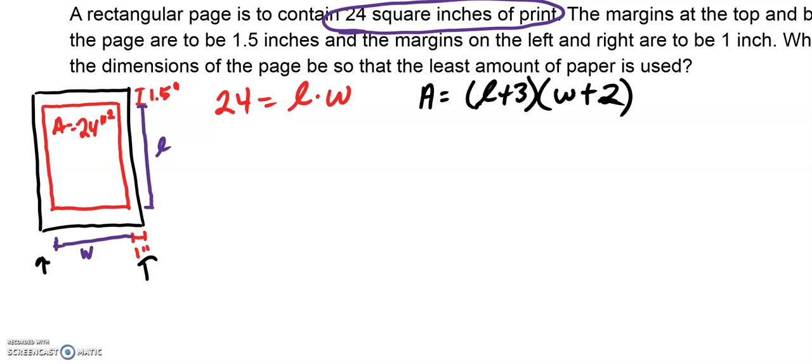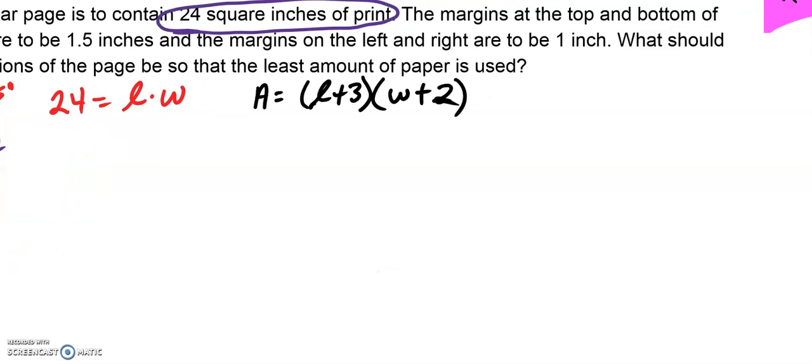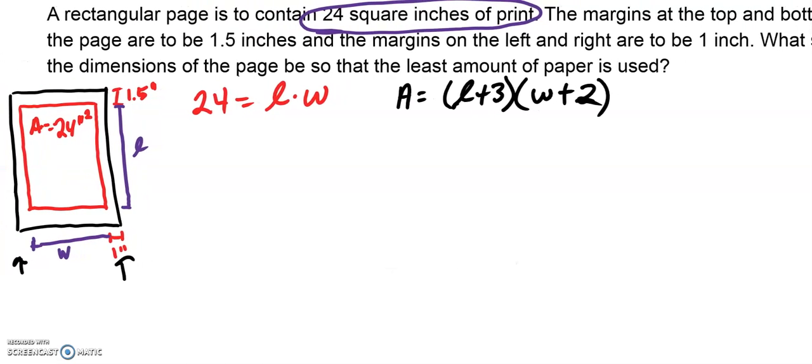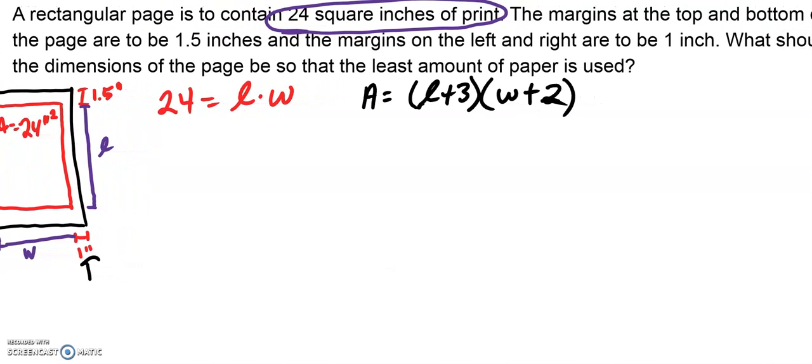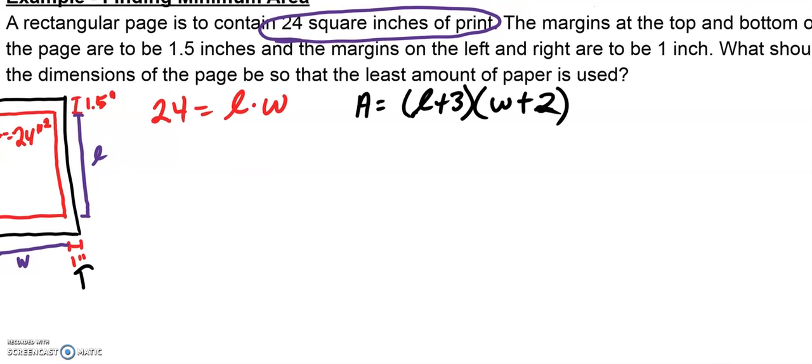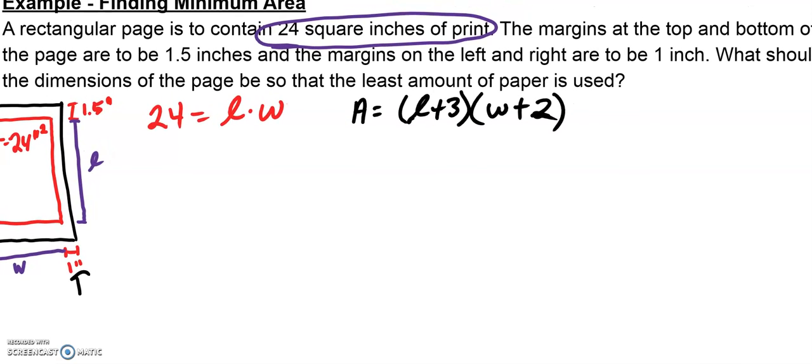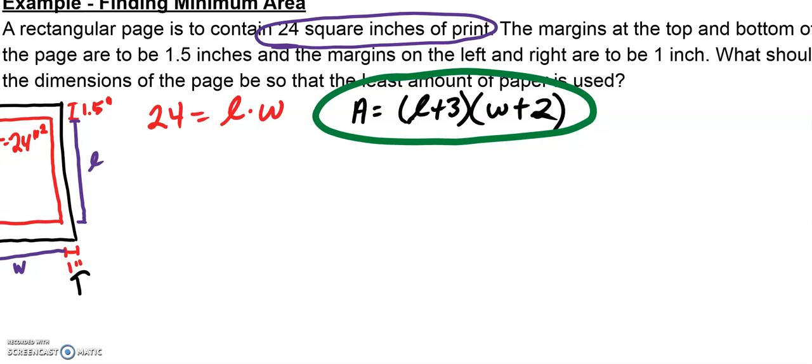So we have two different equations, and we want to minimize. So what should the dimensions of the page be so the least amount of paper is used? So right here, this is the equation that we're going to want to find the derivative of. Okay, so we need to get either L in terms of W or vice versa.